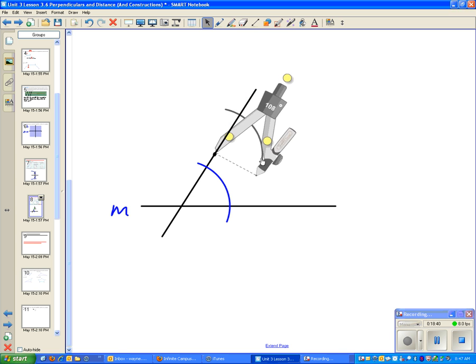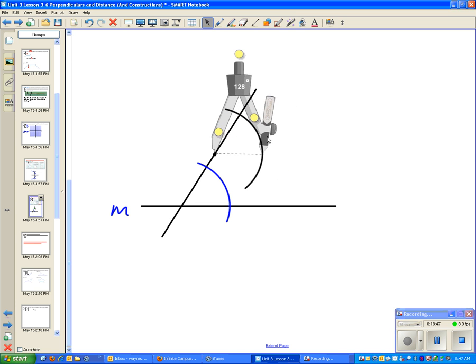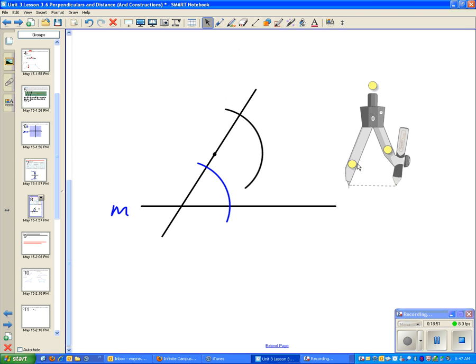It's got to go through our transversal and then just make it pretty large down here in the interior of our figure. And the reason we keep the compass the same is compass measures. So don't change your measuring instrument midstream unless you have a reason to. And we're about to have a reason to.